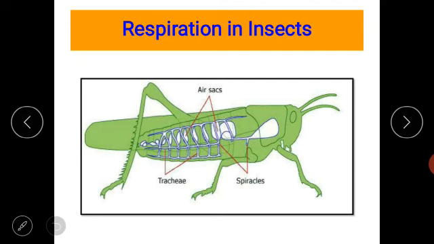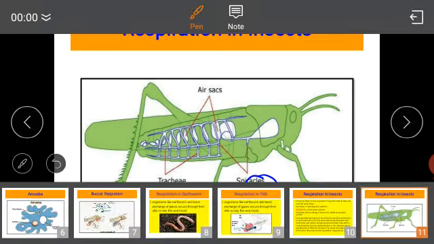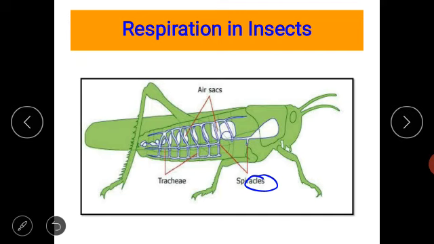As you can see in the image of the grasshopper, spiracles are present on the side of the insect, and those spiracles are connected to the trachea with the help of tracheoles.